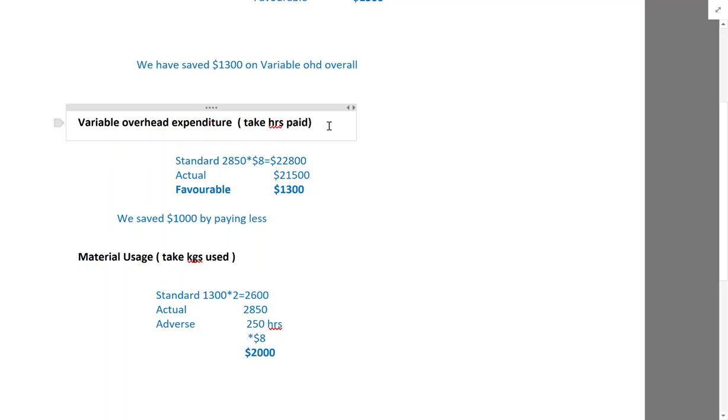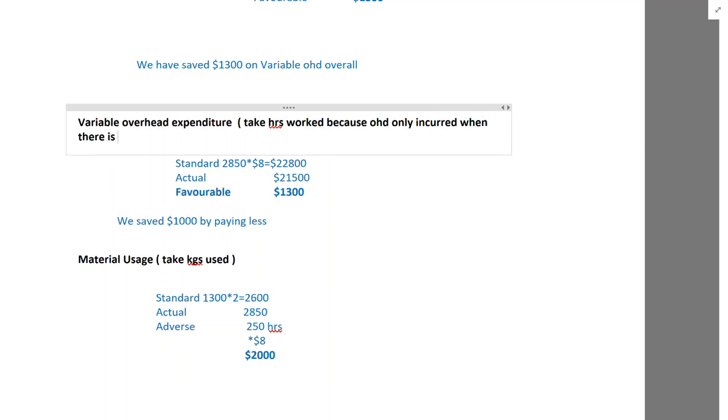So take hours worked. Does it make sense? You are making payment to employees whether they are working or not, if you are making payment based on time. But they are only incurring overheads if they are working. Does it make sense? So take hours worked. Because OHD is only incurred when there is production.